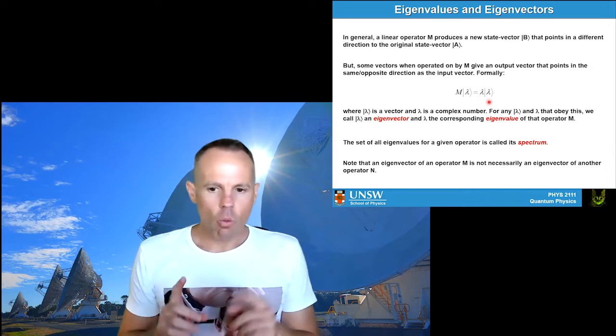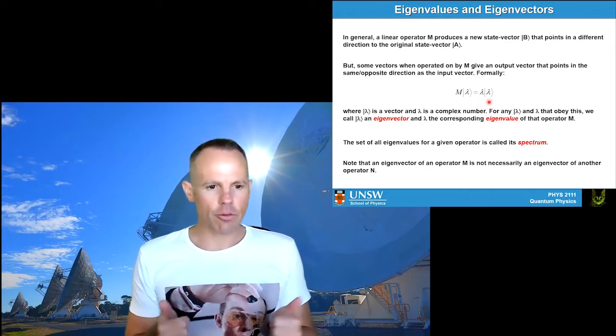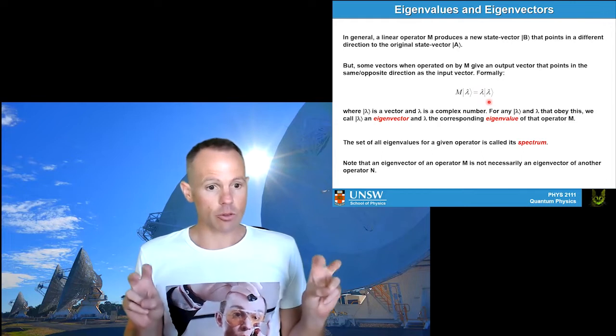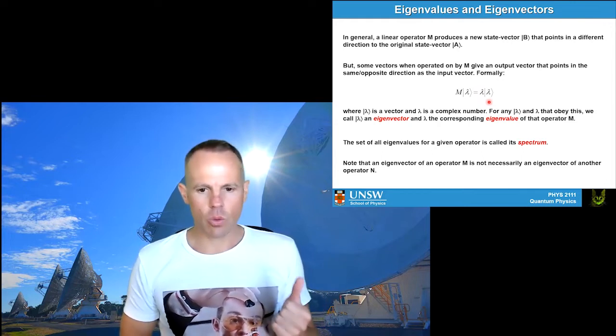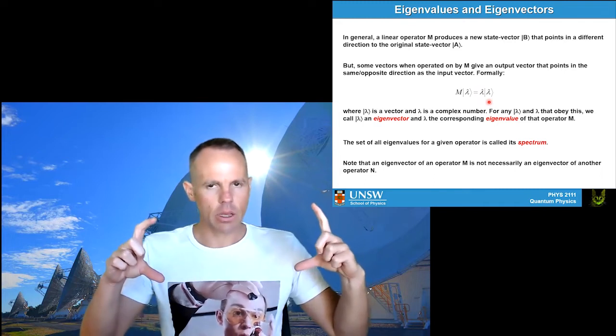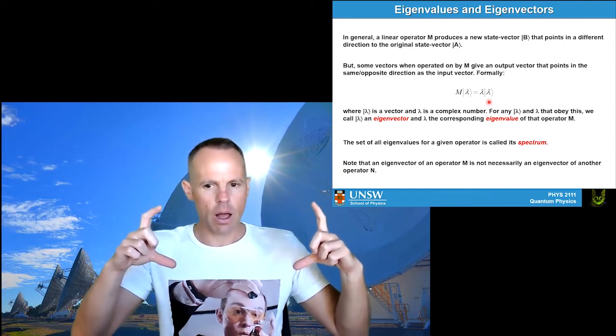One more piece of naming that I'll use: sometimes the set of all the eigenvalues for a given operator will be called the spectrum. One thing you'll quickly realize as you work through is that for an n by n matrix, there will be up to n independent eigenvalues.